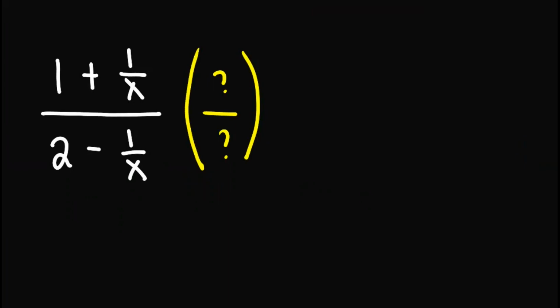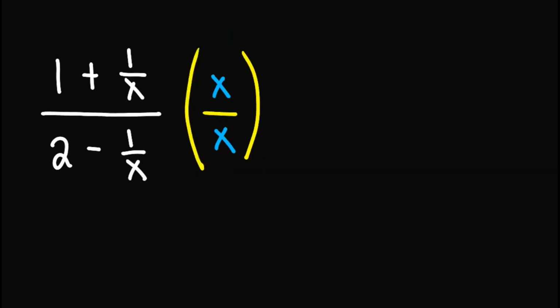Since we have a denominator of x out here, and since this is just a whole number, its denominator is 1, then what we multiply out here is x over x. By the way, we multiply x over x since this is just equal to 1, so it doesn't change the value of the original complex rational expression.